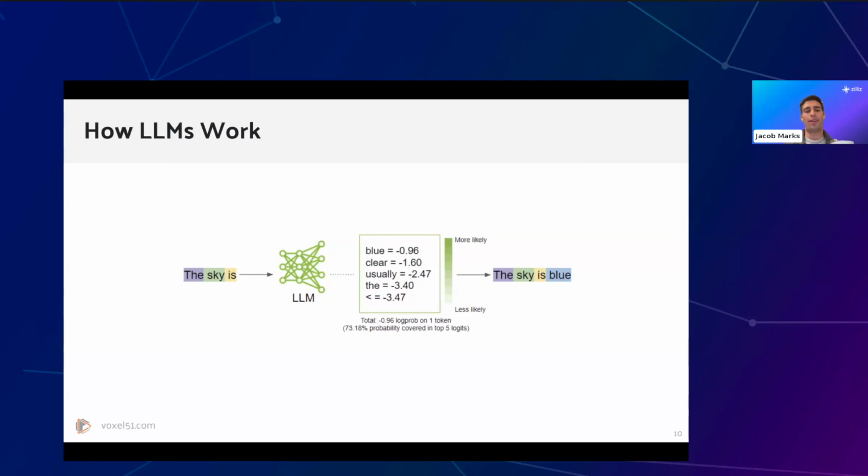So what they do is they take in the string of tokens, or text as we colloquially think of it. So in this case, it'll look at "the sky is" as the sequence of text that is input into the network, and then it is going to assign probabilities, these logits, to different tokens as potential outputs.